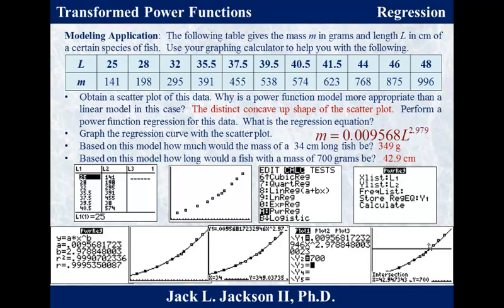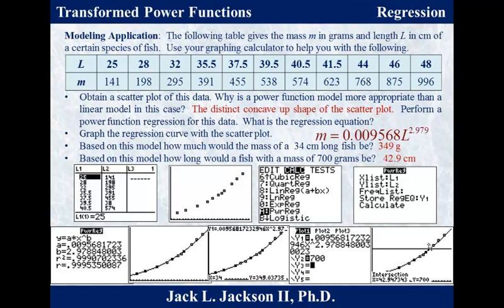So basically, volumes are more or less cubes of lengths, and so we would think that the volume would be proportional to the cube of the length, and the mass is directly proportional to the volume. The more volume you have, the mass should be more or less directly proportional.